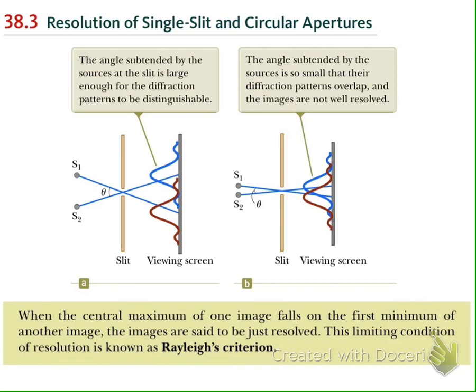But it also depends on the size of the slit. If the size of the slit is quite large, the diffraction pattern will be small, and you don't have to worry about its effect.